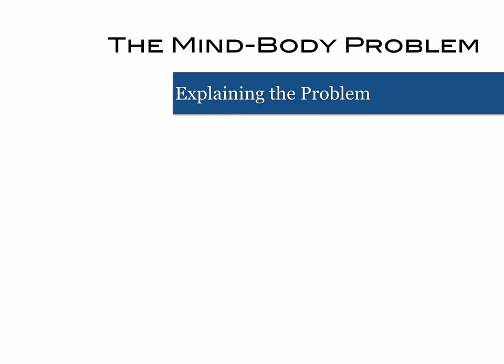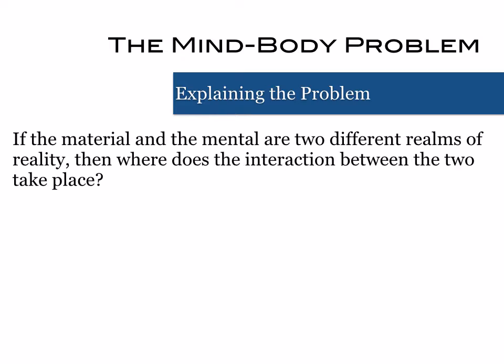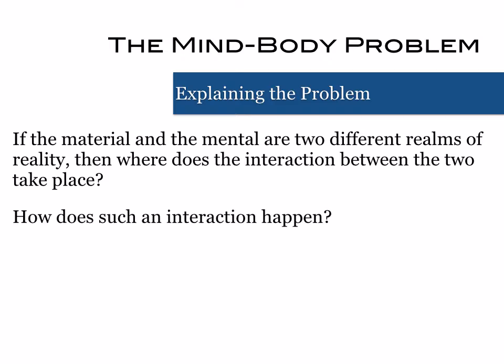So here would be the big questions that help articulate what exactly the problem is. If the material and the mental are two different realms of reality, then where does the interaction between the two take place? Or how does such interaction happen?